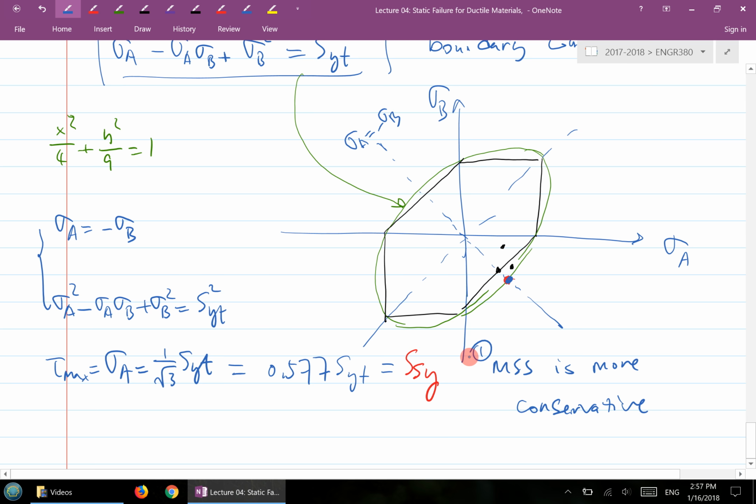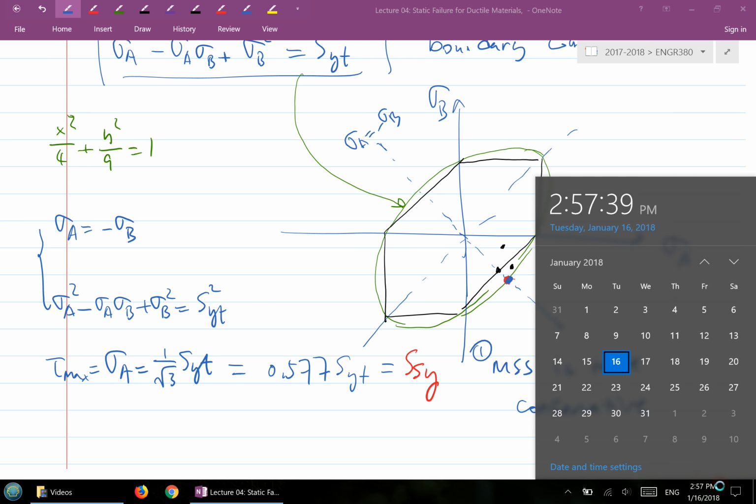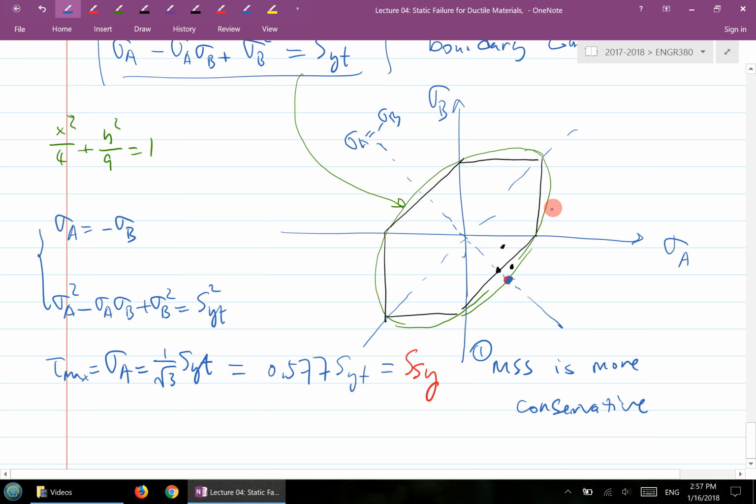When we learn brittle material, we also have different theories, and we'll have the same question: which one is more conservative? That doesn't mean that more conservative is better. If you look at a plot of experimental data, with the results plotted along with the MSS and the DE, you'll see that a lot of the data are centered around the DE theory.